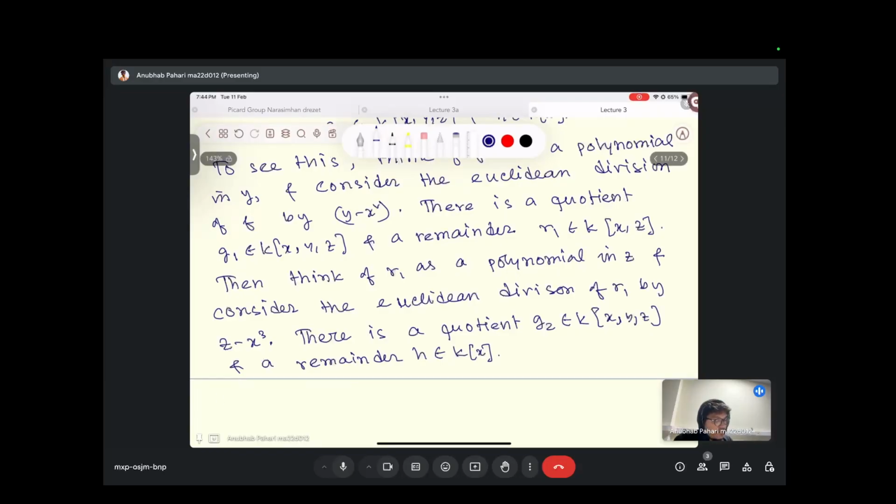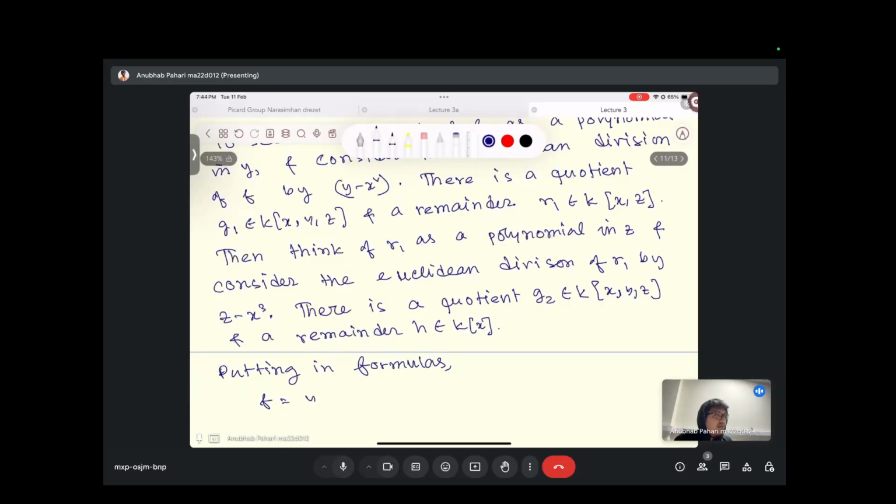So putting in formulas, f equals (y minus x^2) g1 plus r1, which is (y minus x^2) g1 plus (z minus x^3) g2 plus h.